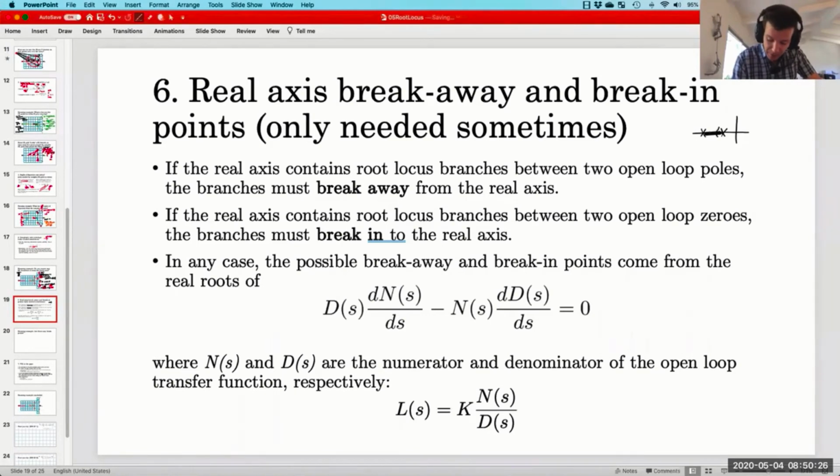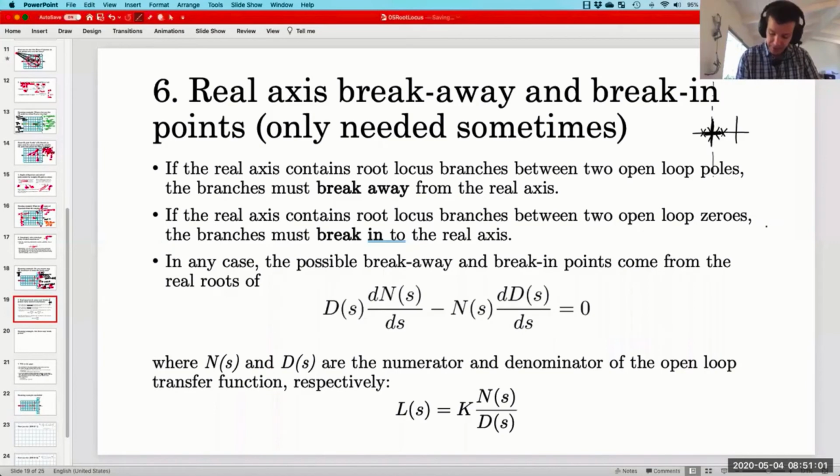And the arrowheads would draw this way. But these closed loop poles have to eventually break off. And that's because there are no open loop zeros in this situation. So we need the branches to go to infinity. And if you work out the asymptotes, you also get plus or minus 90 degrees. And so now the question is, we have closed loop poles that are real for low k and are complex for high k. Where is the transition point? Where is what's called the breakaway point?